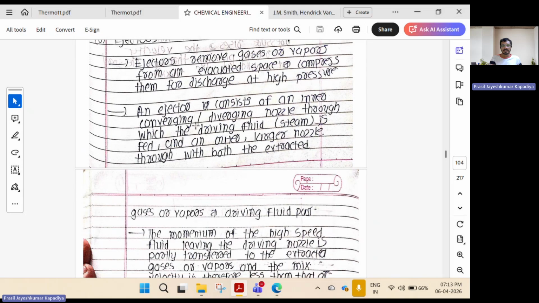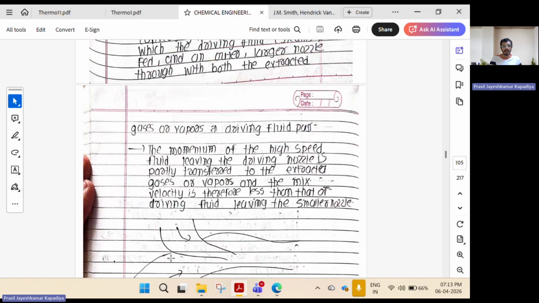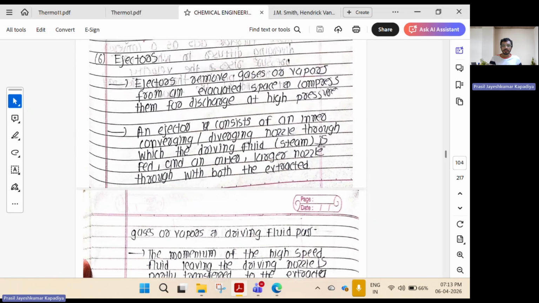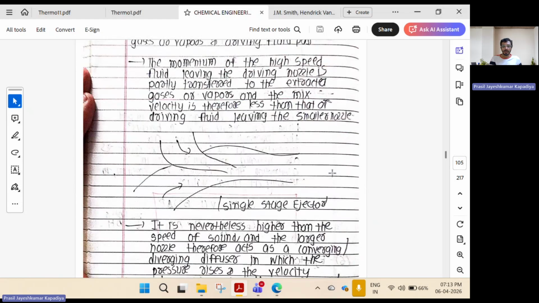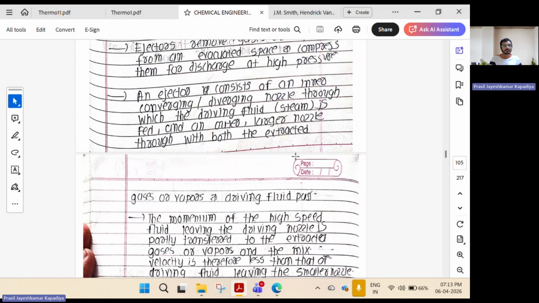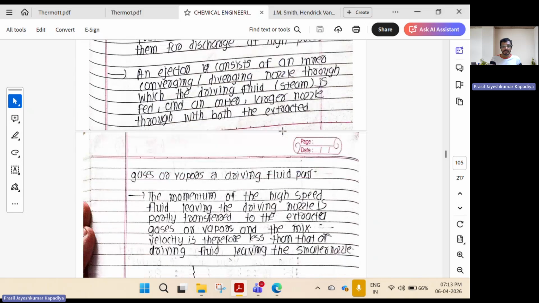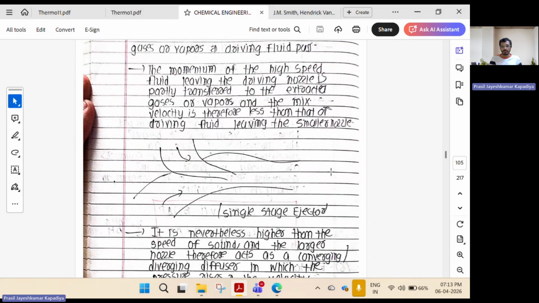An ejector consists of an inner converging-diverging nozzle through which the driving fluid is fed, and an outlet, which is a larger nozzle through which both the extracted gases or vapors and the driving fluid pass.